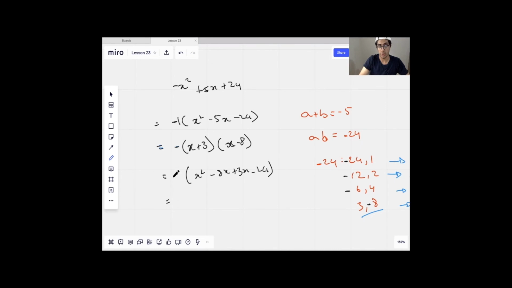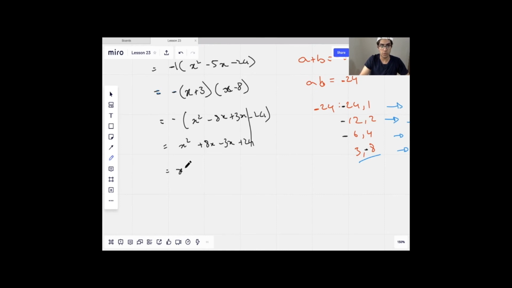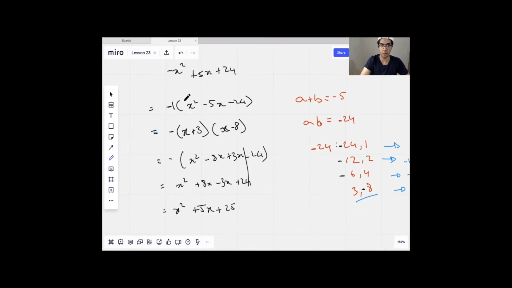Then we apply the minus sign as well: x squared plus 8x minus 3x plus 24, sorry, I forgot the minus there, which equals minus x squared plus 5x plus 24, which is the original expression. So this is our final answer. You'd have this check as an aside, maybe in the corner somewhere. That's a quick way of checking.